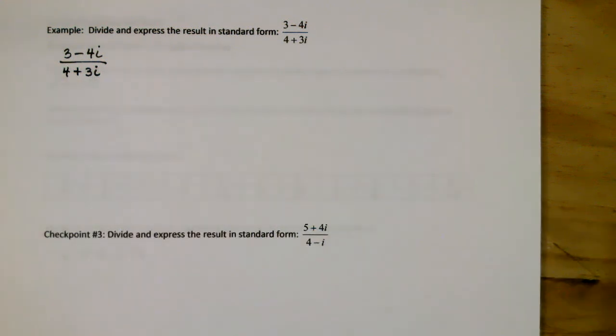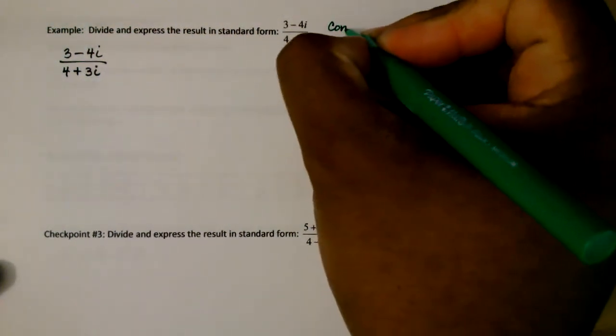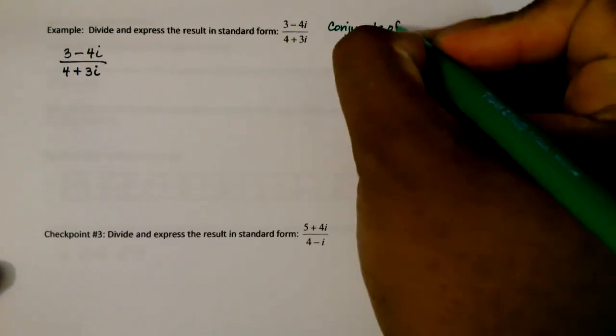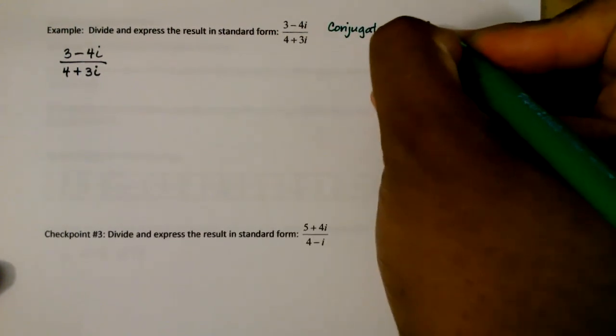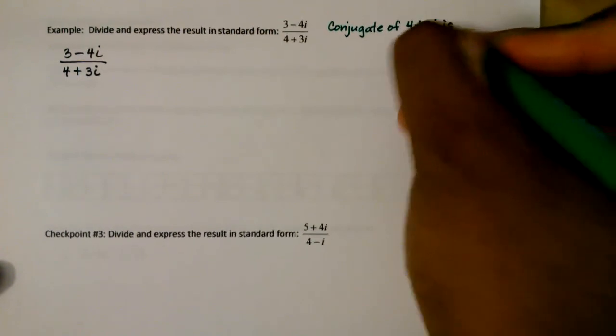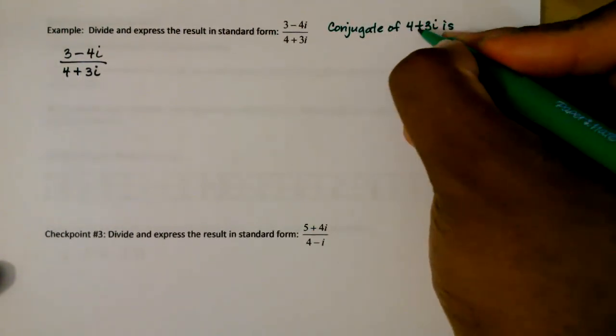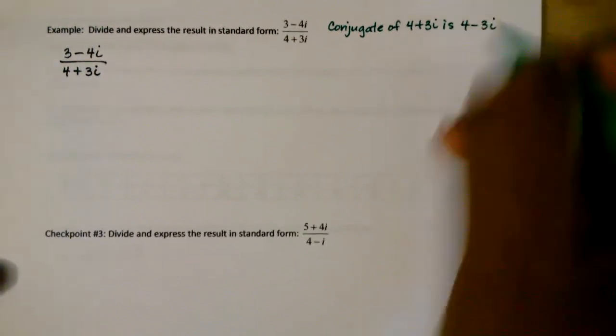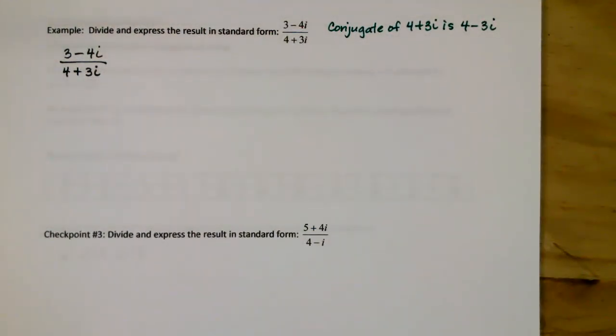Well, the conjugate of 4 plus 3i is, we just switch the sign from a plus to a minus, so it'll just be 4 minus 3i. That would be the conjugate.